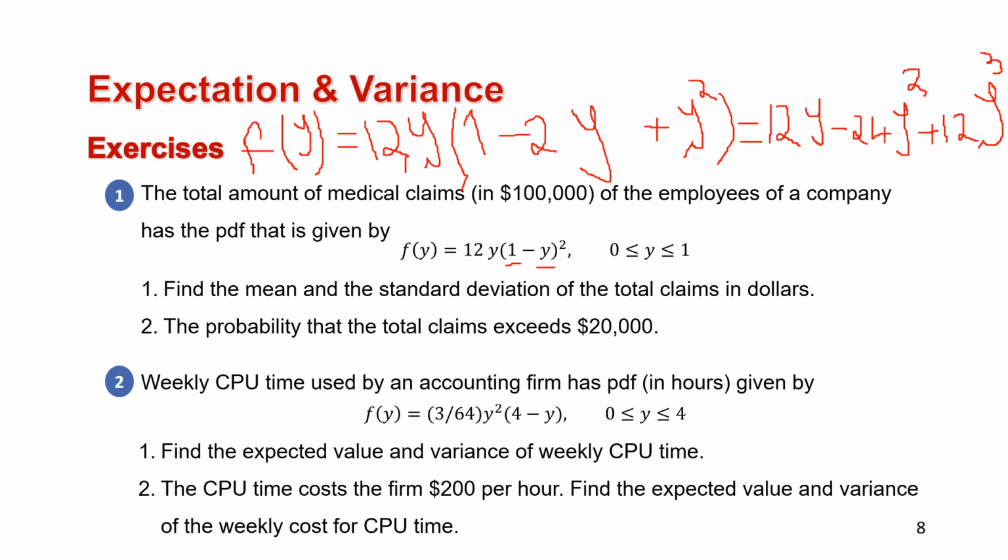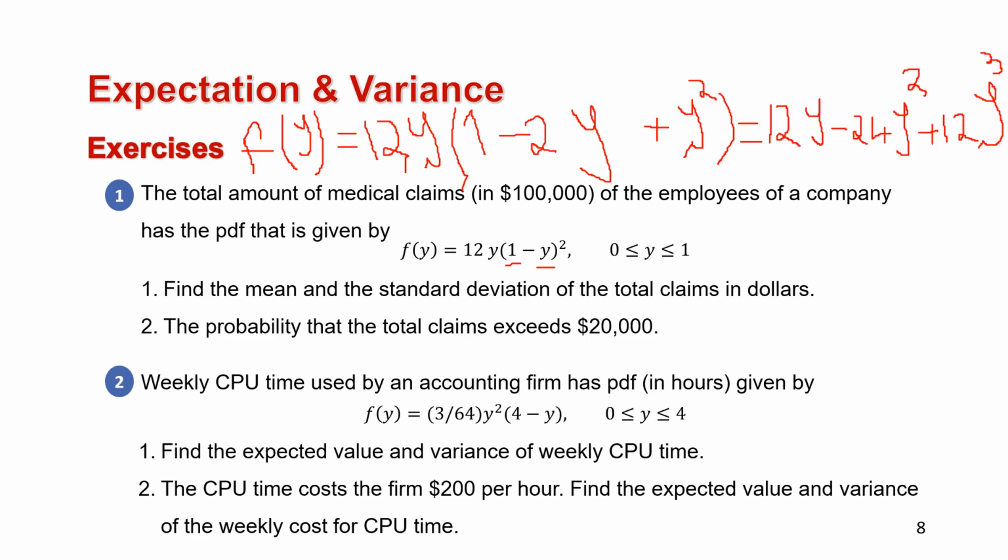Number 2, the probability that the total claims exceeds $20,000. Okay, remember we measure in $100,000. But then $20,000 is less than $100,000. So $100,000 is 1 here, or this is the upper limit. This is the maximum value that I can reach.